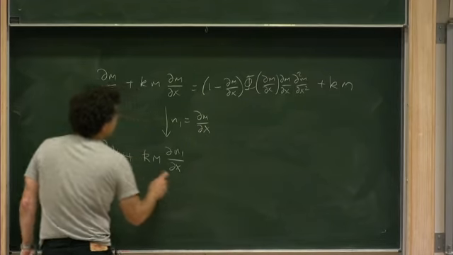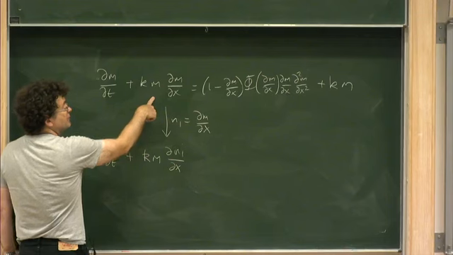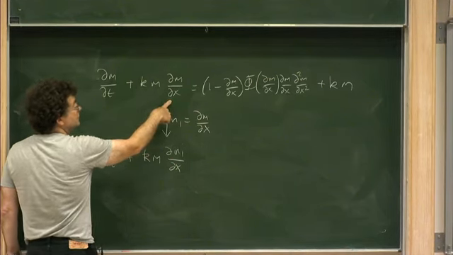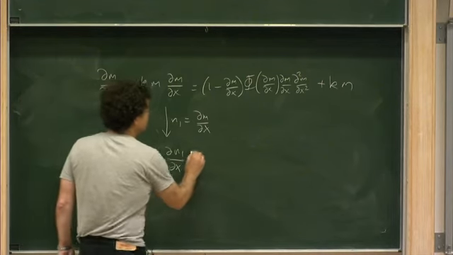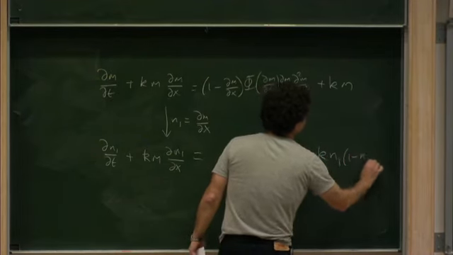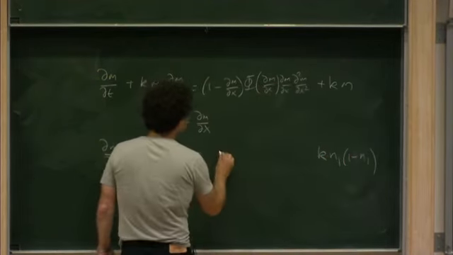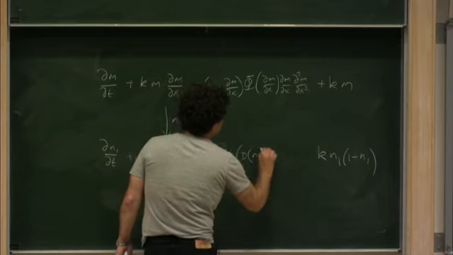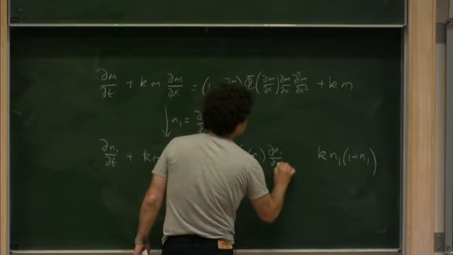This thing, product rule, differentiates to give two terms. There's a dm by dx all squared, which is n1 all squared. So I take that over on the right, and there's now a k n1 (1 minus n1). And this thing is a diffusive term, so that's d by dx of dn1 by dx, plus that.